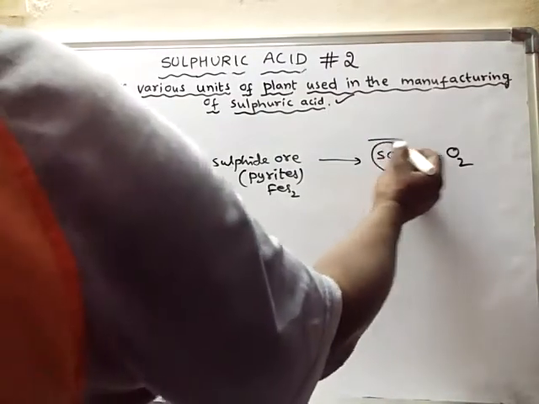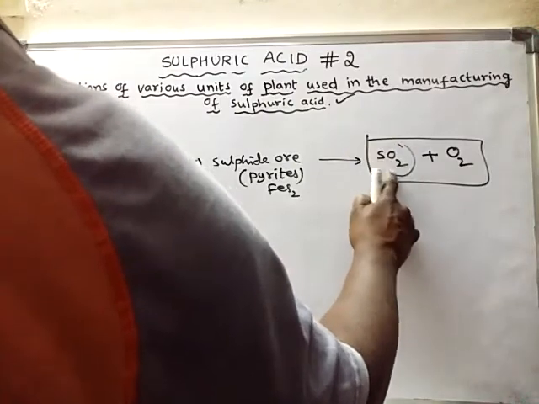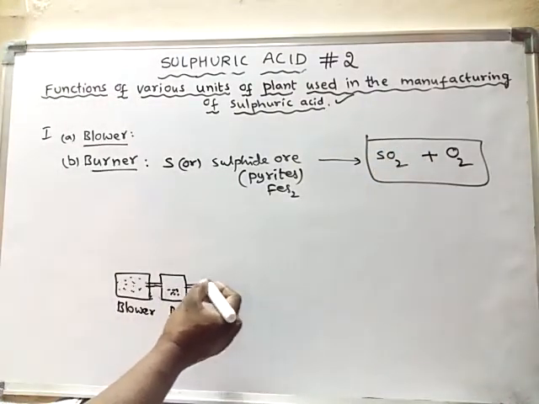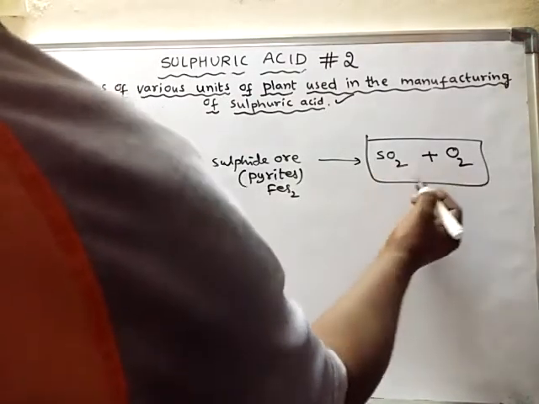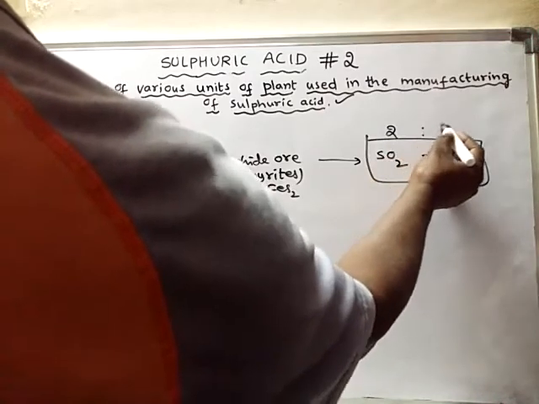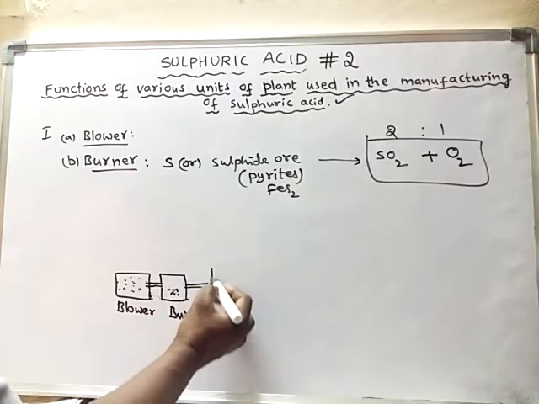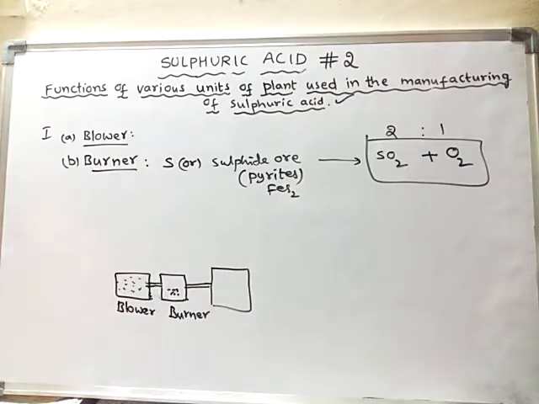Now the mixture of sulfur dioxide and oxygen is allowed into the next unit in the ratio of 2:1 by volume. It is allowed into a tower known as the dusting tower.